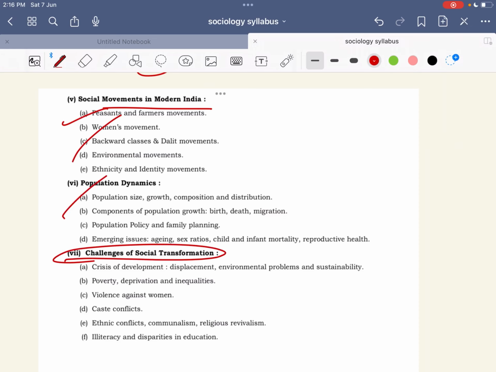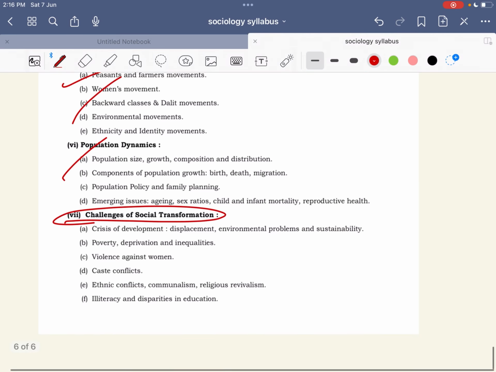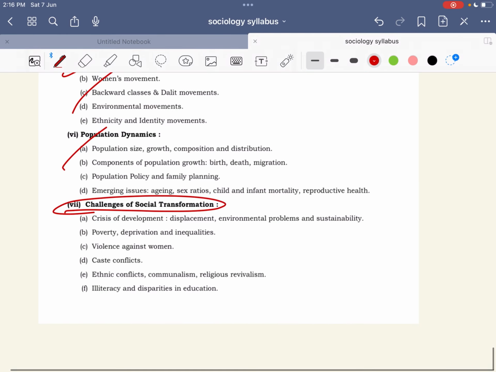Challenges of social transformation. Crisis of development, displacement, environmental problem, and sustainability.